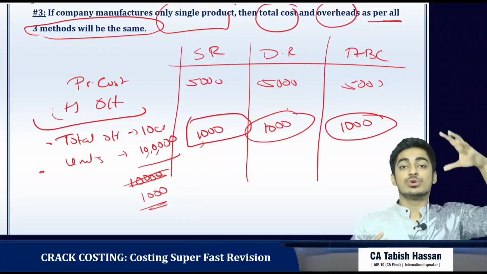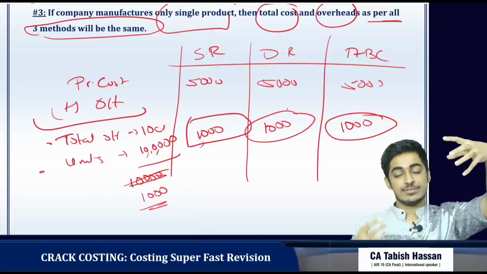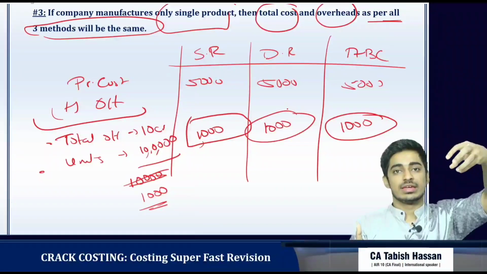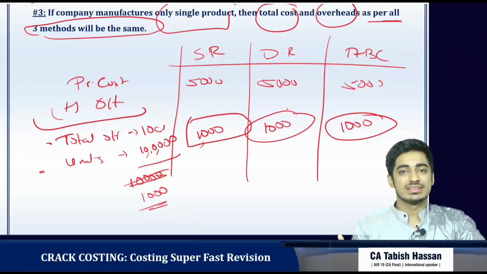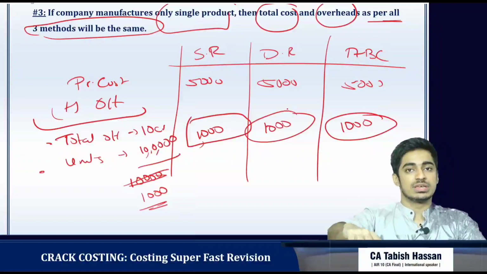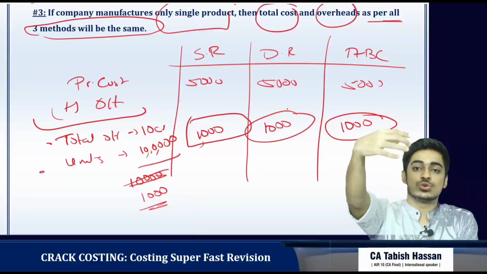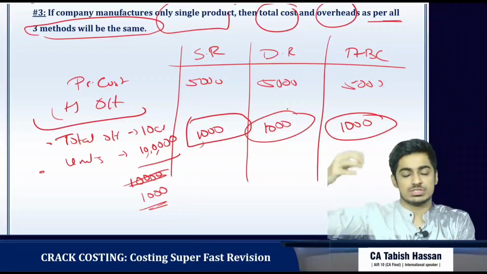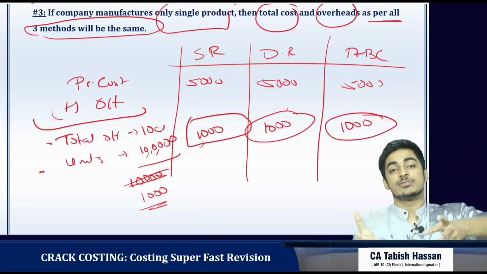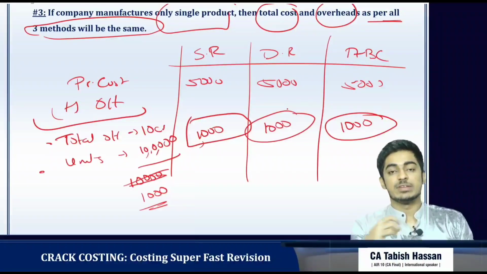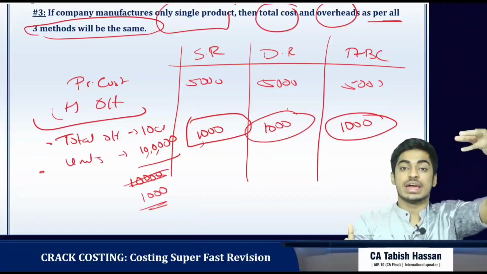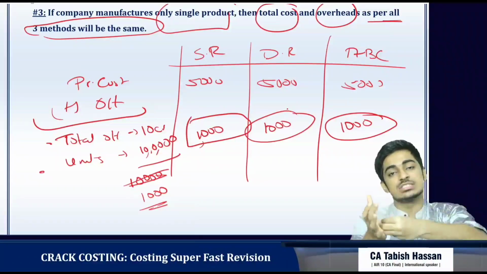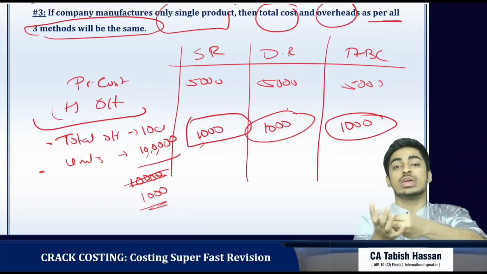See, if the total overhead is the same and we only have one output, then the overhead per unit should also be the same, right? If you have multiple outputs, then there is a possibility that the total overhead may be split in different proportion in the three different methods. But if you have only one output, and we know this total overhead of 10 crore has to be distributed ultimately to this cost object, then there is no way out.